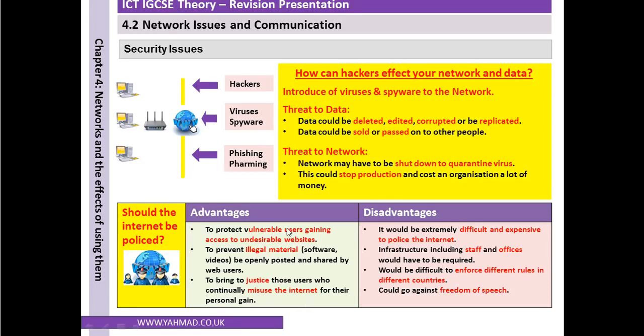Obviously there's a lot of crime that goes on with the internet, but it would be quite difficult to police due to the amount of staff that would be required and maybe the arguments between different countries about what rules should be acceptable. Every country has its own policies with regard to the use of the internet. In some countries, particular websites are filtered, and in other countries these same websites are not filtered. So it would be quite difficult to police the internet.